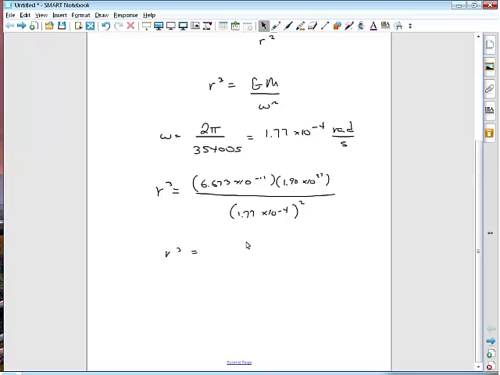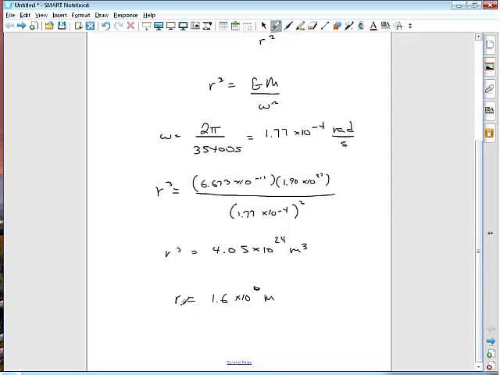And so the radius cubed would be equal to 4.05 times 10 to the 24th. The units are meters cubed, and when we take the cube root of that, by taking it to the 1/3 power in our calculator, we'll just round it off to 2 decimal points, 1.60 times 10 to the 8th meters.